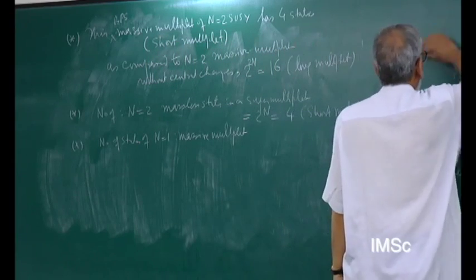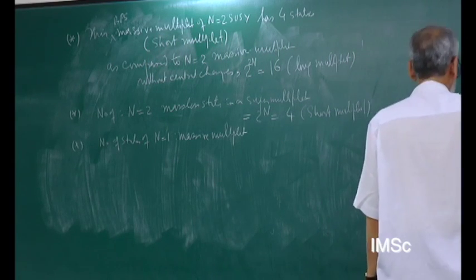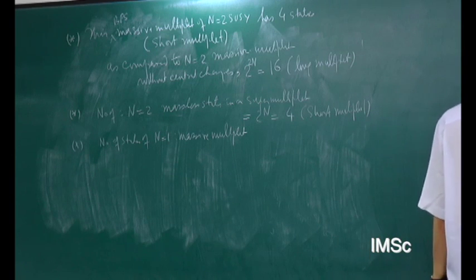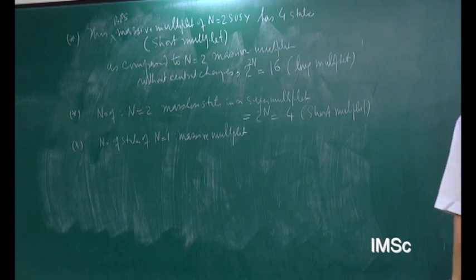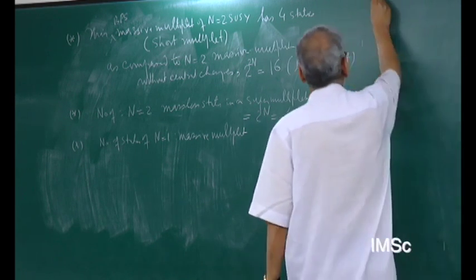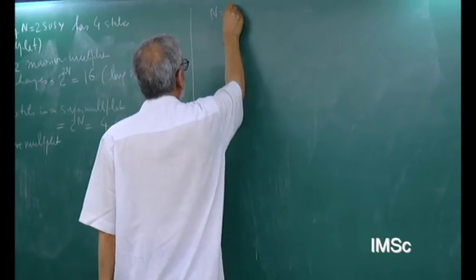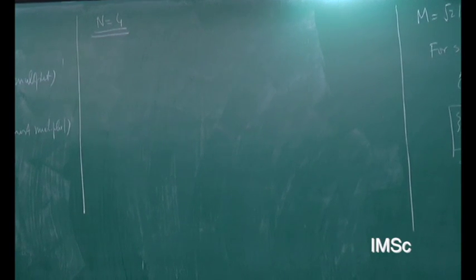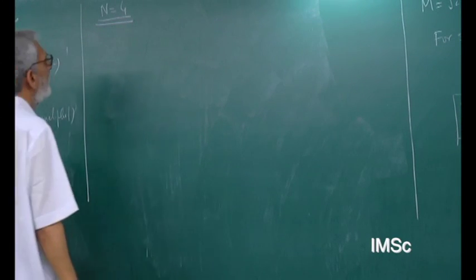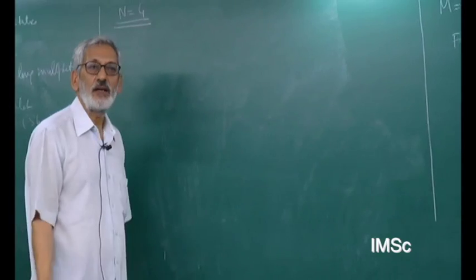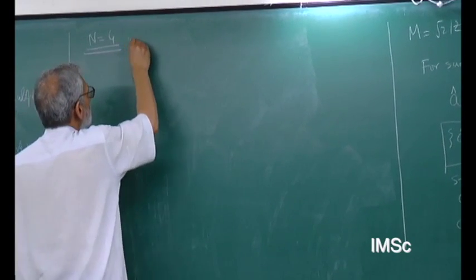So, let me now go to N equal to 4. N equal to 4 SUSY, we have 6 central charges now. This is with central charges.